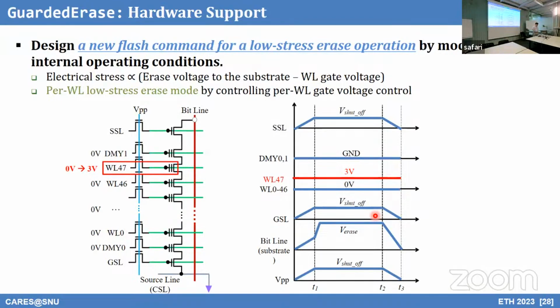But when we do low stress erase mode, for example, we want to erase word line 47 with the low stress mode, and we apply, for example, 3 volts to its gate voltage instead of 0. So stress is proportional to the difference between the erase voltage minus this gate voltage.